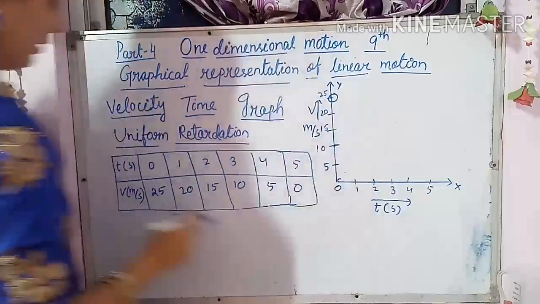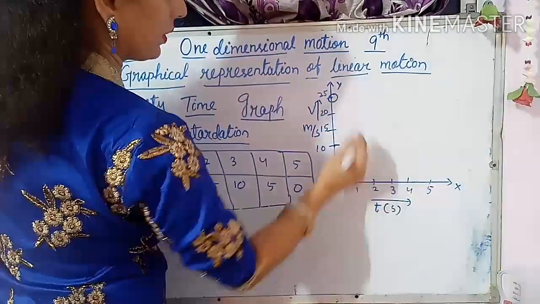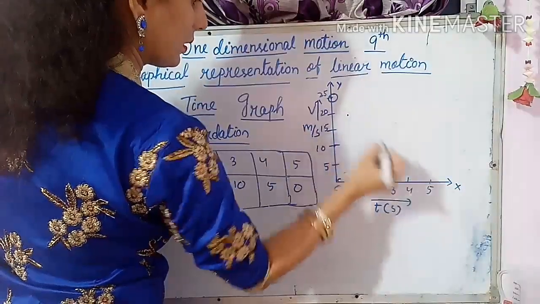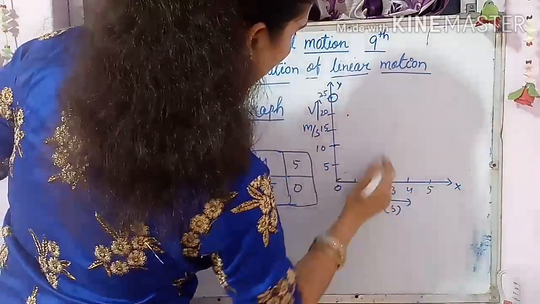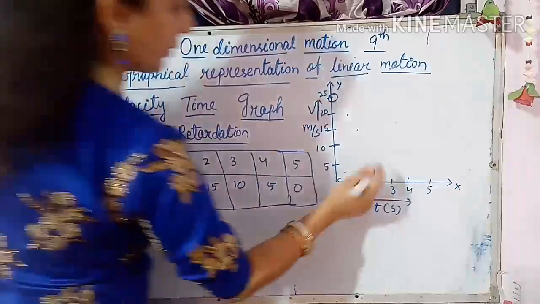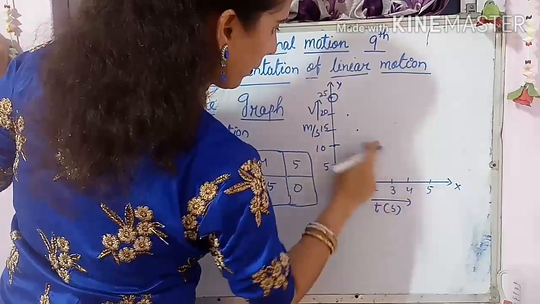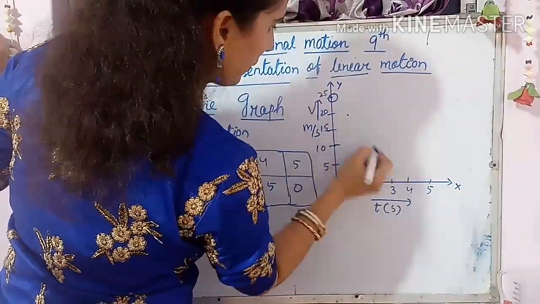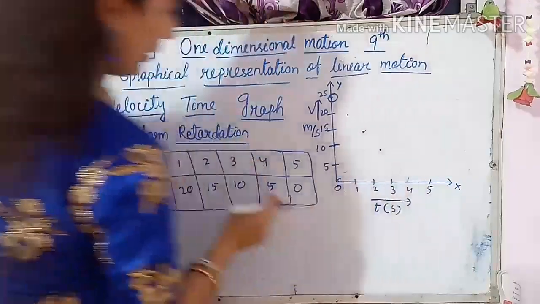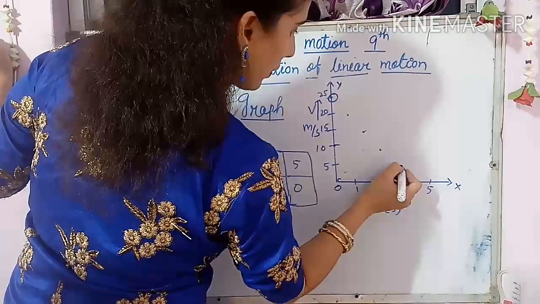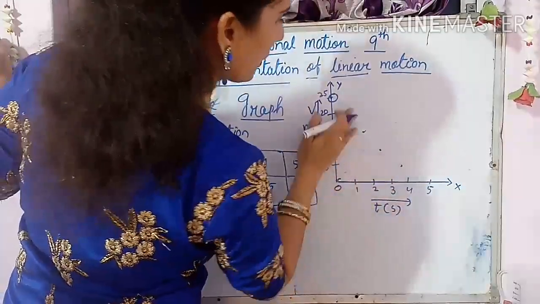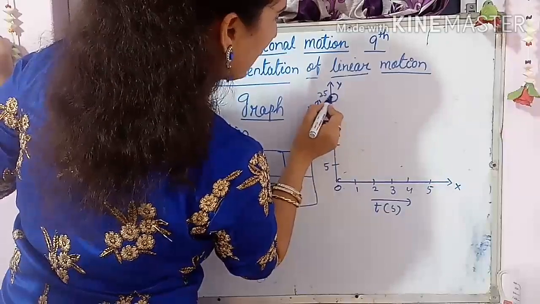Here it is the condition. Then 1 means 20. Now 2 means 15. Suppose like this, 3 means 10. Now 4 means 5. Then again 5 means 0. Suppose my band is coming, so it will come like this.